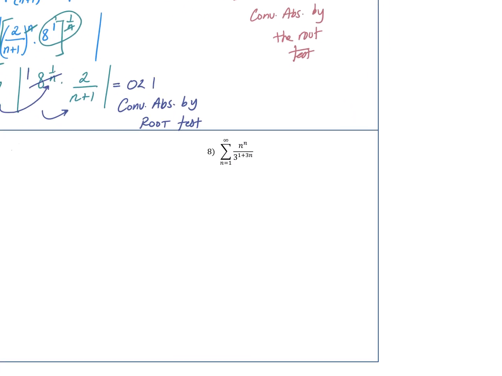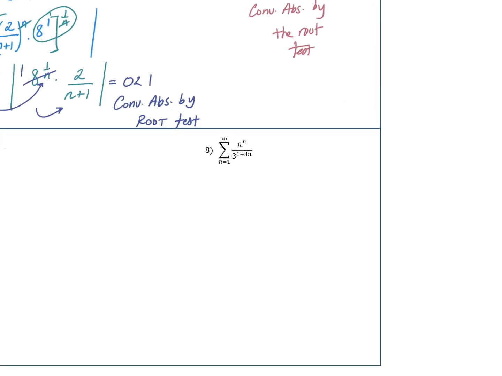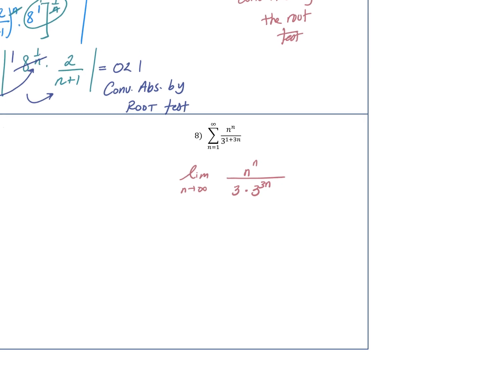And then the last one I'm going to work on is number 8. So we're going to do the limit as n goes to infinity. I'm going to take the nth root. So we have n to the nth power times 3 to the 3nth power.